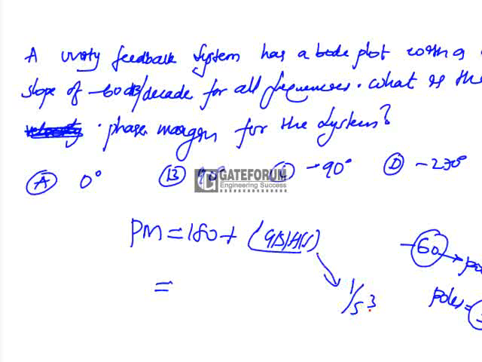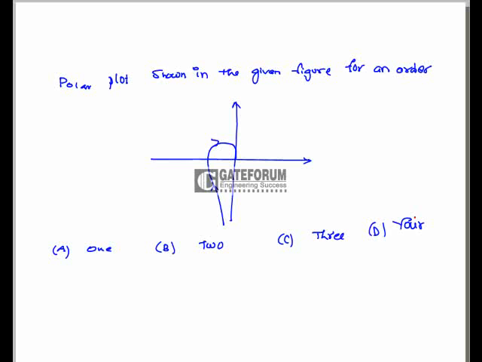That means minus 3 times tan inverse of s. Now what is the phase margin here? At gain crossover frequency we have phase margin, so this is minus 270 plus 180, or you can say 180 minus 270. Okay, minus 90 degrees is the answer. That is option C.